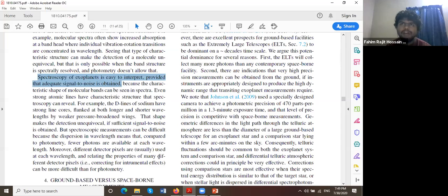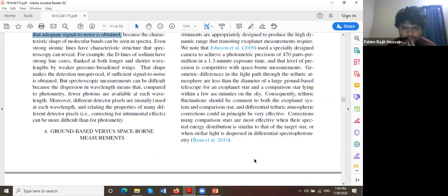I'm also using high resolution ground-based data from the Calar Alto Observatory, the CARMENES spectrograph or something like that. So this paper also mentions which ground or space telescope is important for us.